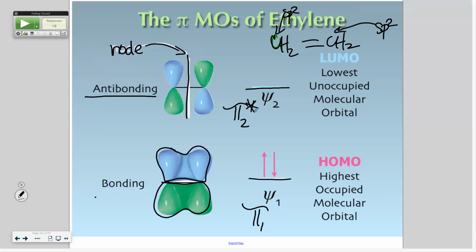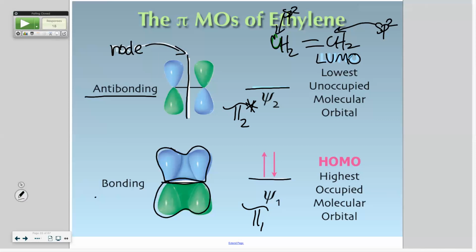Now there are 2 terms that get used with molecular orbital theory: highest occupied molecular orbital and lowest unoccupied molecular orbital. That's the HOMO and the LUMO. HOMO means the highest energy orbital that has electrons in it.